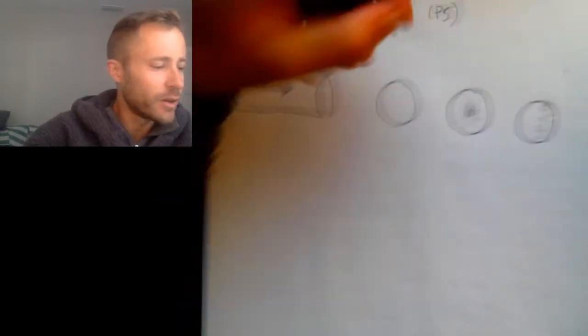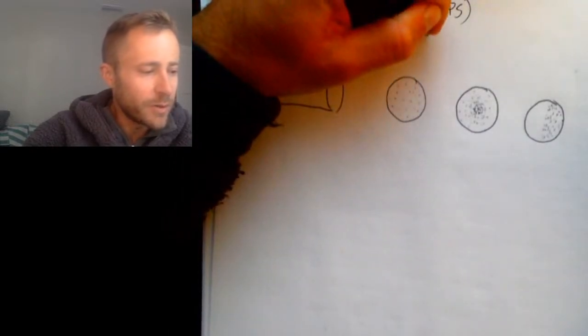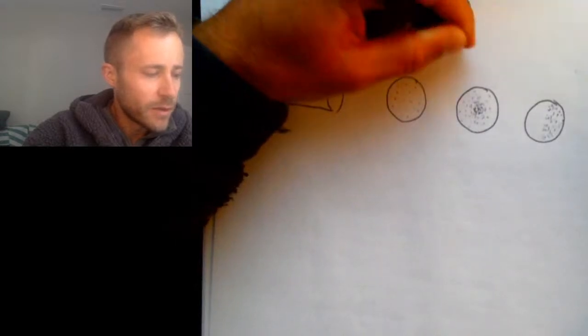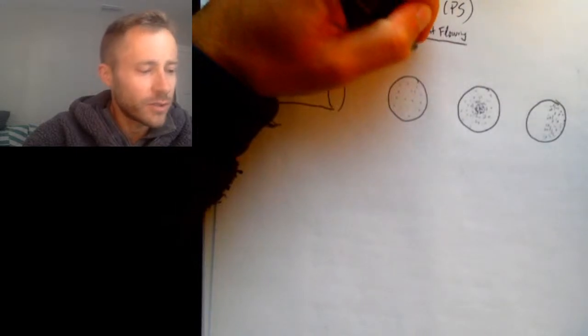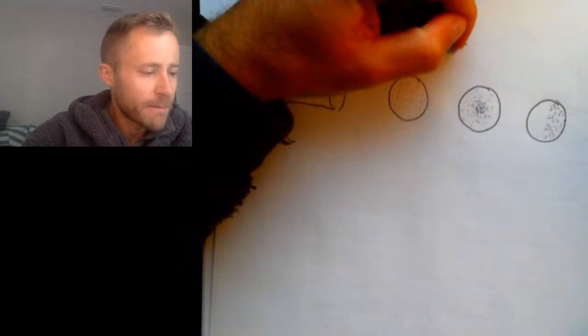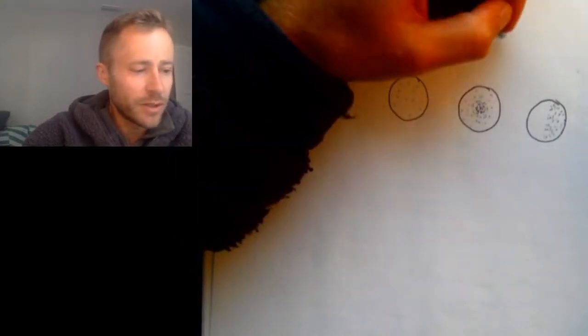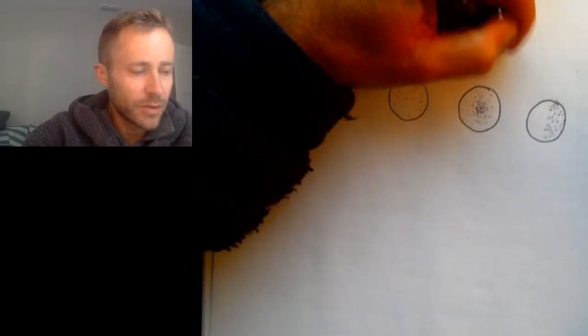It's the current flowing divided by the cross-sectional area. So it is basically written as dI/dA, current per area.